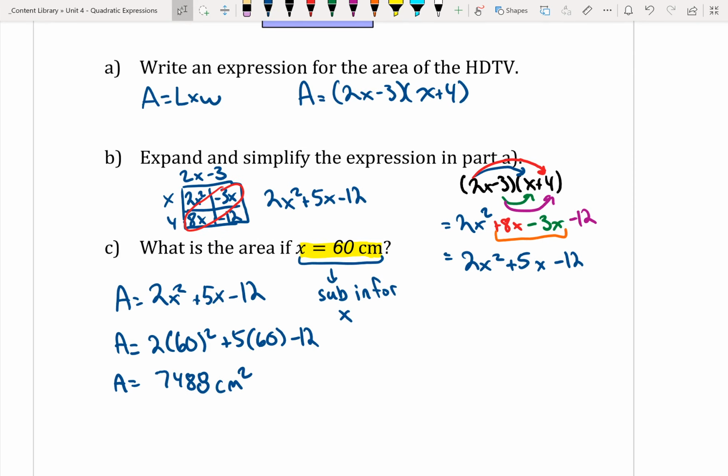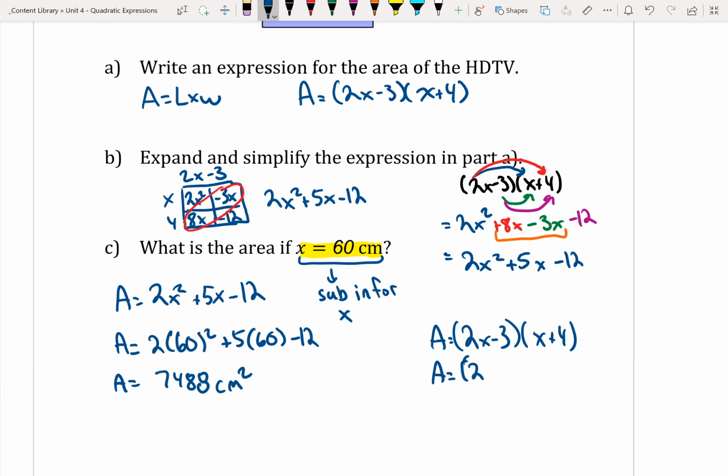Now, even if you didn't get this simplified expression, you could still use the original equation. So area equals 2x minus 3 times x plus 4, and still substitute x in.